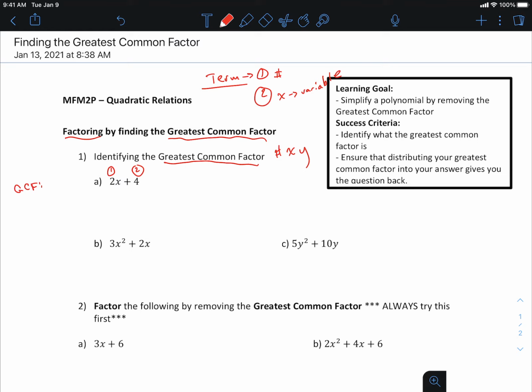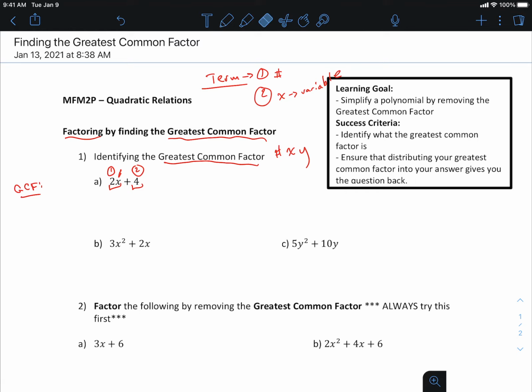I'm looking at this and I'm looking at this. I only see one x here. I don't see an x here. So that means I don't have to worry about the variable for this question, because there isn't a variable on the second one. So your greatest common factor is just going to have a number.